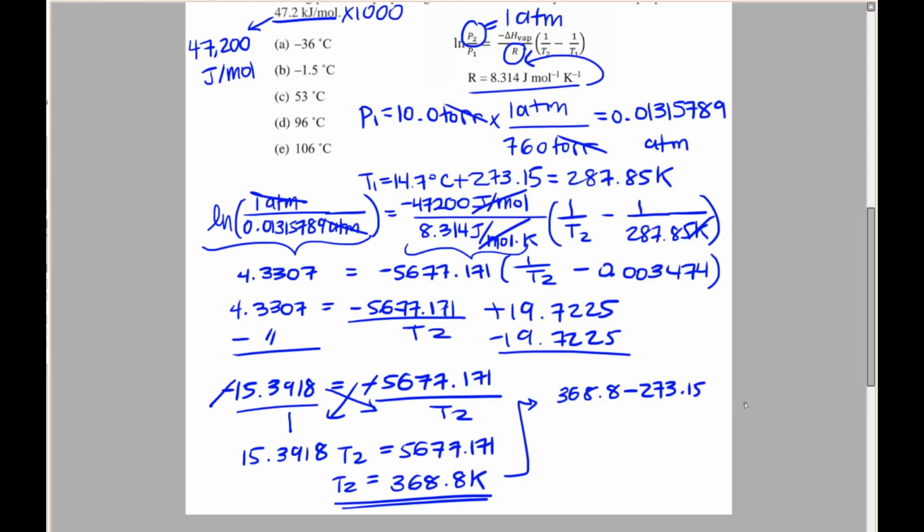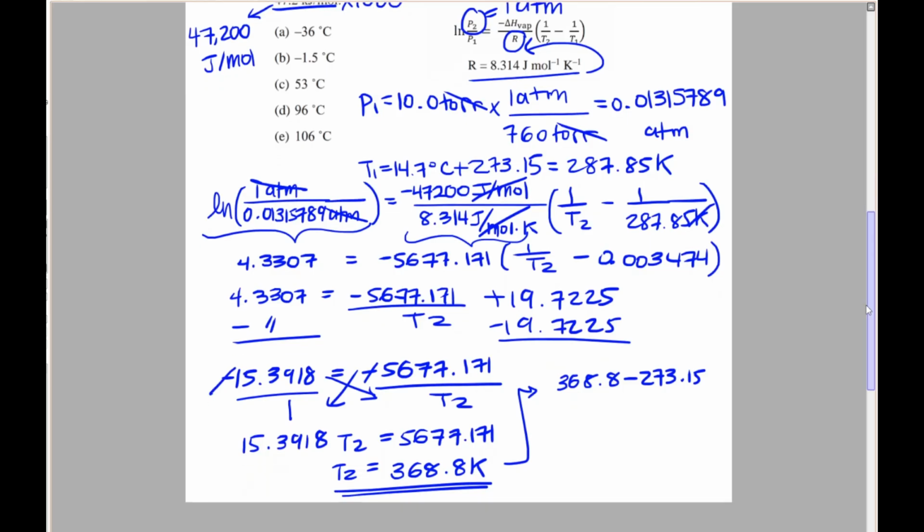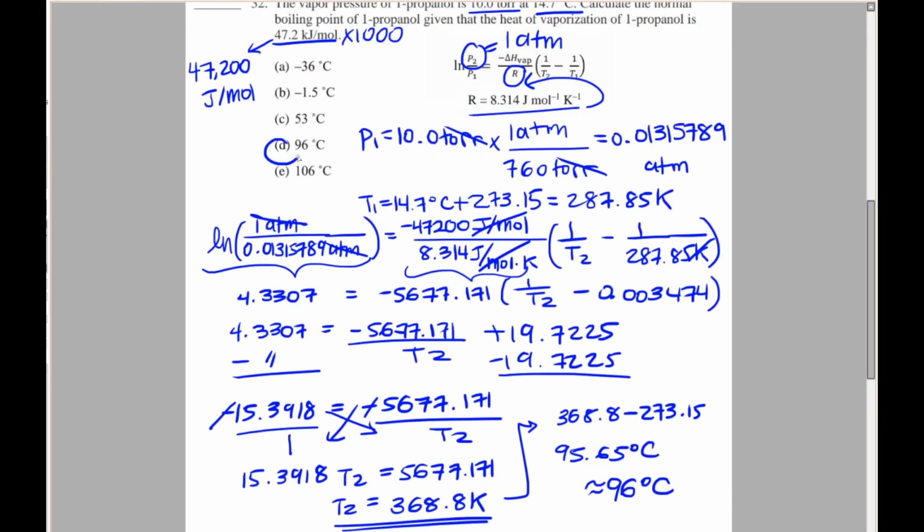It's basically the opposite of what we first did when we converted T1 from 14.7 degrees Celsius to 287.85 kelvins. So when you do this subtraction, you'll get approximately 95.65 degrees Celsius, and this is approximately equal to 96 degrees Celsius, and that's going to give us our answer D.